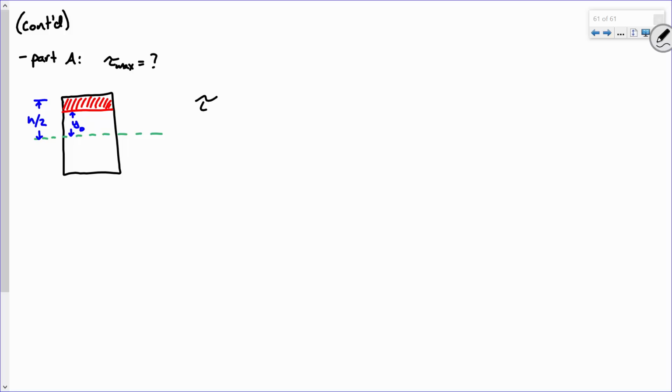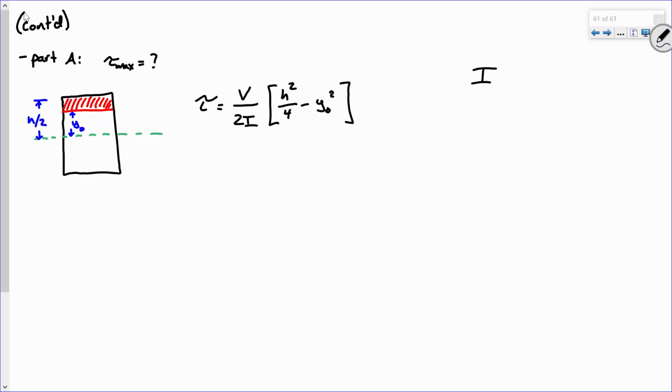Our shear stress formula is V over 2I times h squared over 4 minus y naught squared. Let's make sure we're understanding some values.